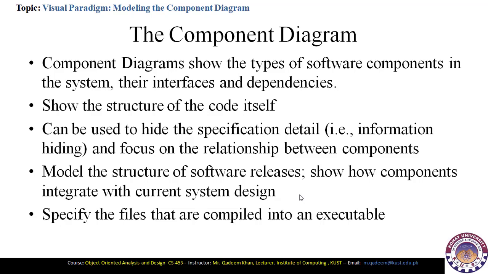When the components are integrated, they are integrated through their interfaces, and also dependencies are defined in the components, that one component is essential for another component. If one component stops working, then the other component will also stop working. So that's why there is the dependency among different components.